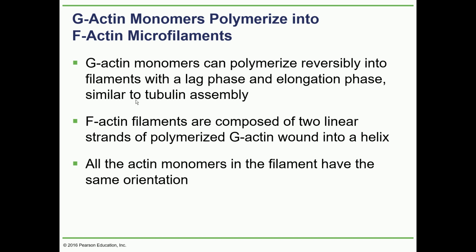Just the way we saw how the polymerization of microtubules takes place, it's quite similar for microfilaments, which are made by polymerization of G-actin monomers. The F-actin filaments are composed of two linear strands of polymerized G-actin wound into a helix.